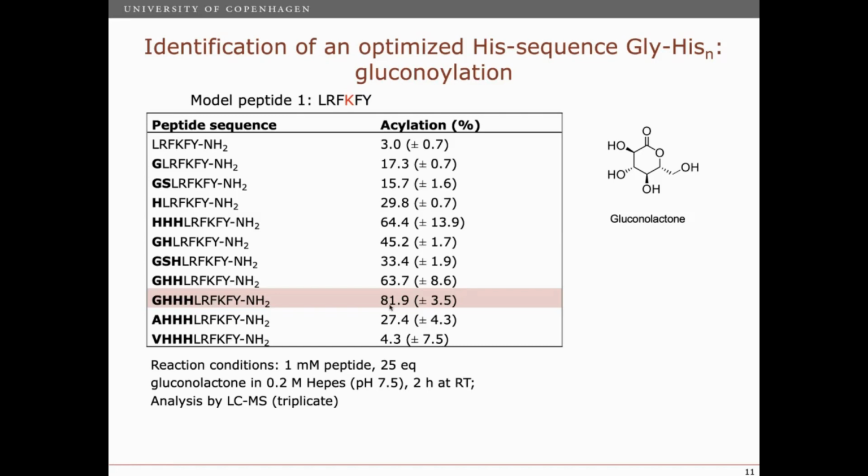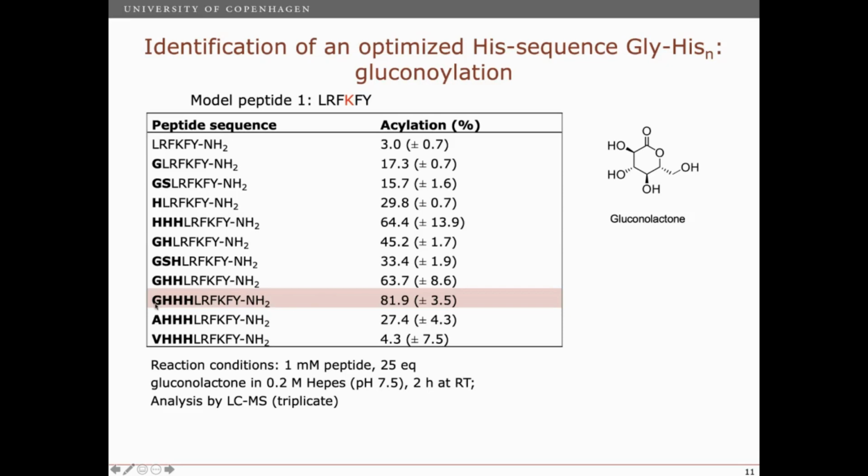So this clearly demonstrated to us that we could optimize the sequence and that the requirement would be for either an N-terminal lysine or an N-terminal glycine linked to histidine. I should here emphasize that you cannot have additional amino acids out here, because for this approach you need a free N-alpha amino group to be acylated.